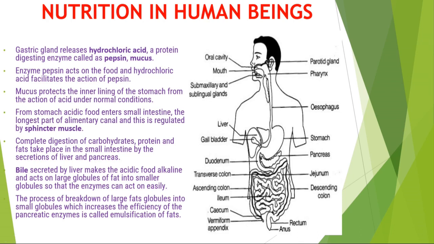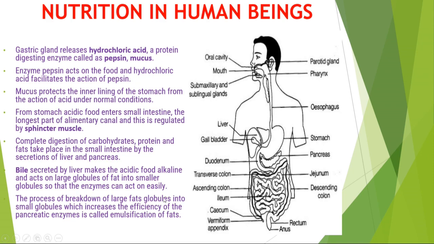Large globules of fat would make it difficult for the different kinds of enzymes to work on them. So the bile helps by converting them into smaller globules, and the enzymes can act much more easily.